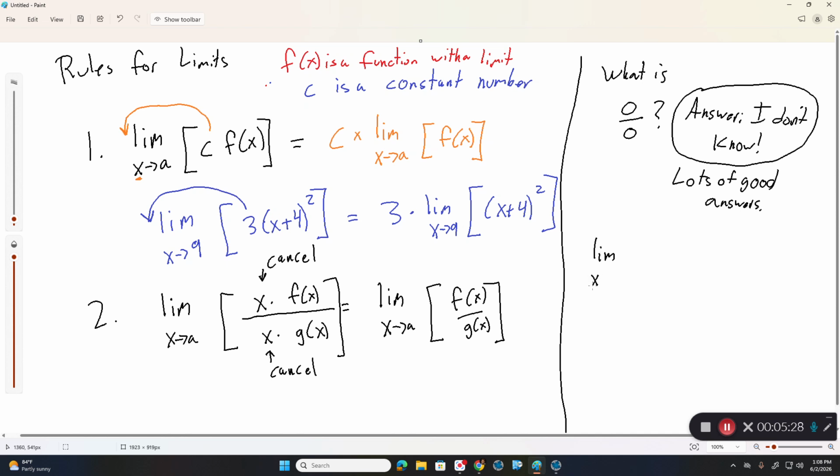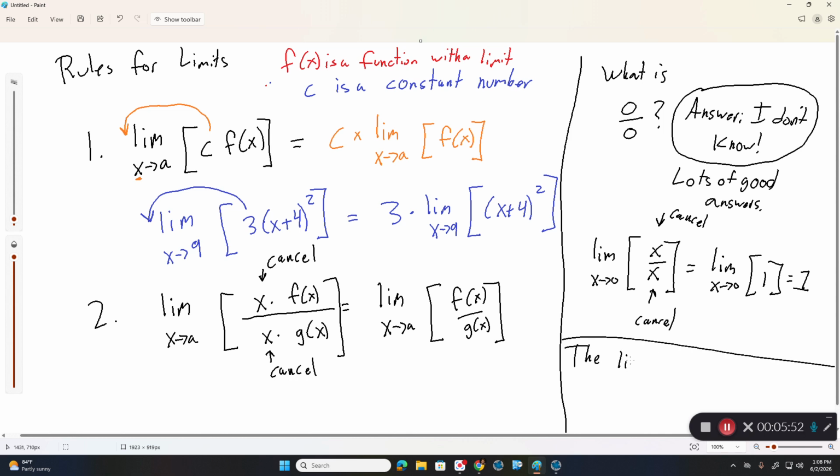The limit as x approaches 0 of x divided by x is the limit as x approaches 0 of 1, which is 1. This canceling only exists in this limit environment, and I want to really specify it.